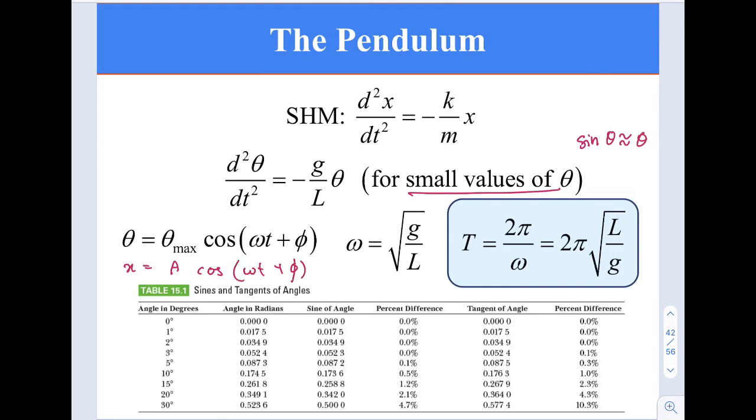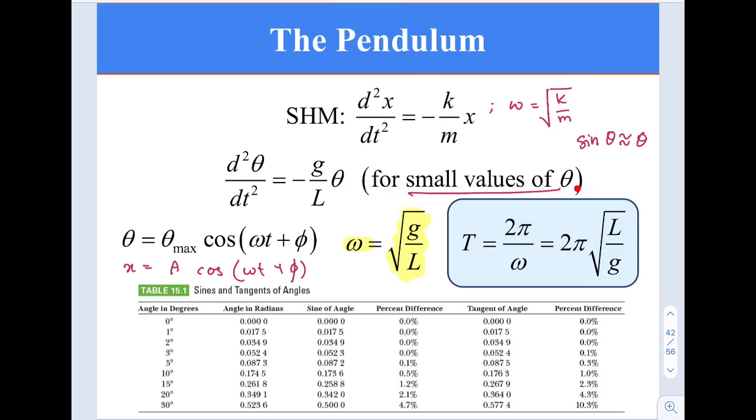From here, we know for this case omega is equivalent to square root of k over m, and for this case omega is equivalent to square root of g over L. And we know that T is equivalent to 2 pi over omega. So what is our omega? It is square root of g over L. That is how this equation becomes like this.